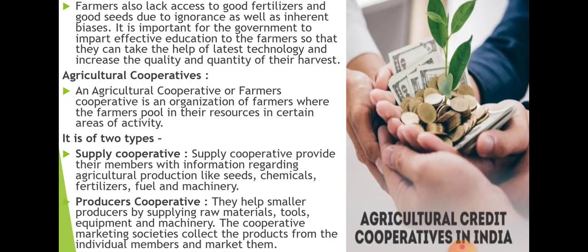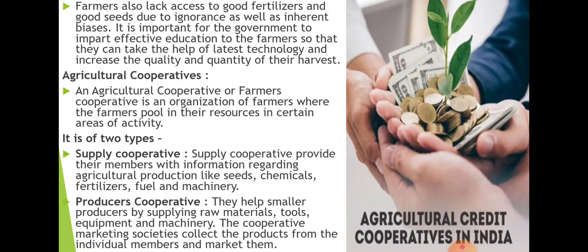Now, agricultural cooperatives. What are agricultural cooperatives? An agricultural cooperative is an organization of farmers where the farmers pool their resources in a certain area of activity. A cooperative is an organization, a group of people meant to help the farmers.